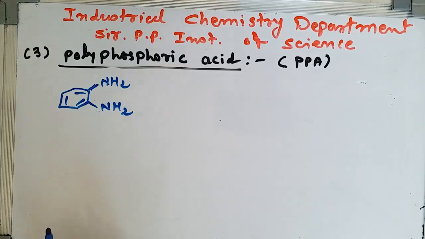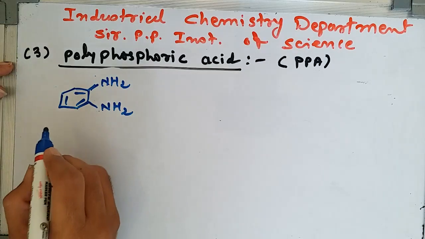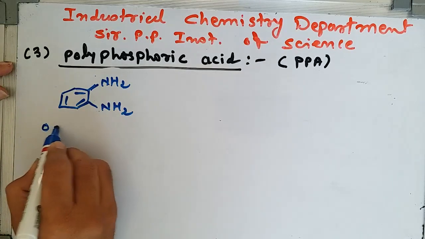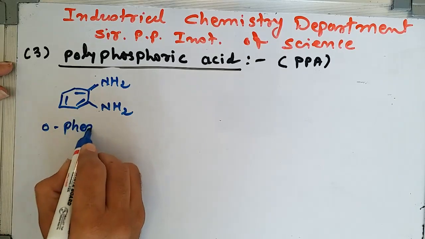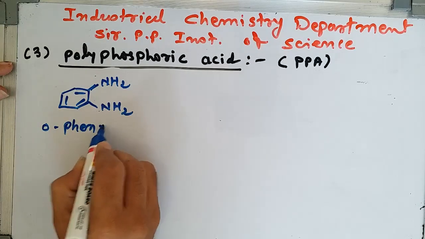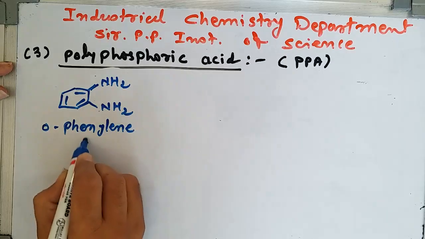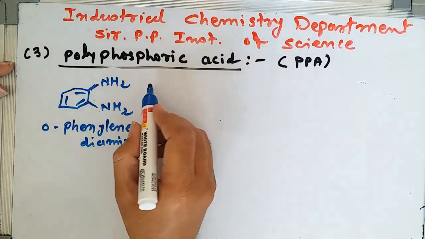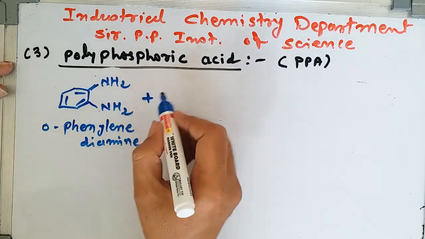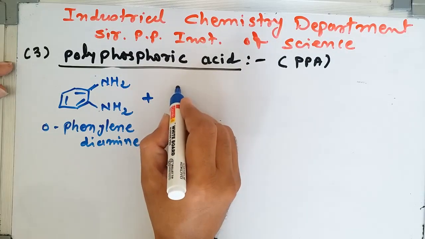First of all, we see a benzene ring containing amine groups at the 1 and 2 positions. So it is orthophenylene diamine. It is treated with benzoic acid.